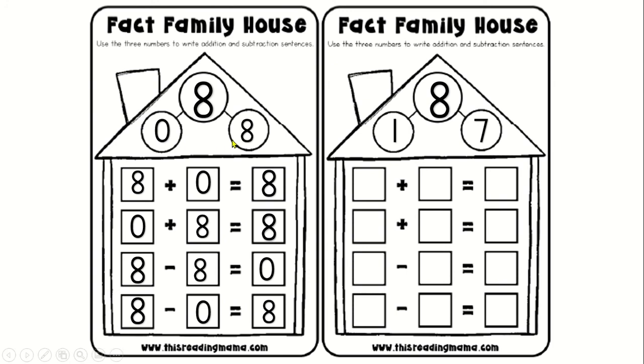So we say 8 plus 0 gives us 8, 0 plus 8 gives us 8, 8 take away 8 gives us 0, and 8 take away 0 gives us 8. Then I want you to do the next one on your own with the numbers 1 and 7.